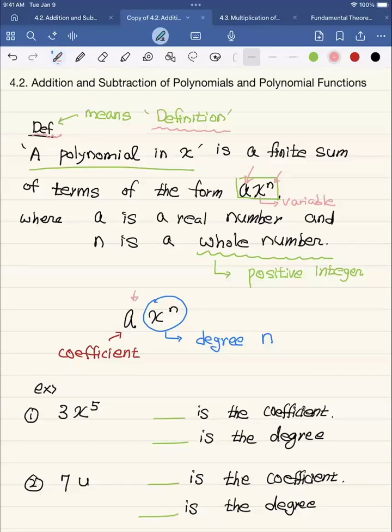This a is called coefficient, and this is written as a times x to the n power. This power n, which is associated to the variable x, is called degree n.